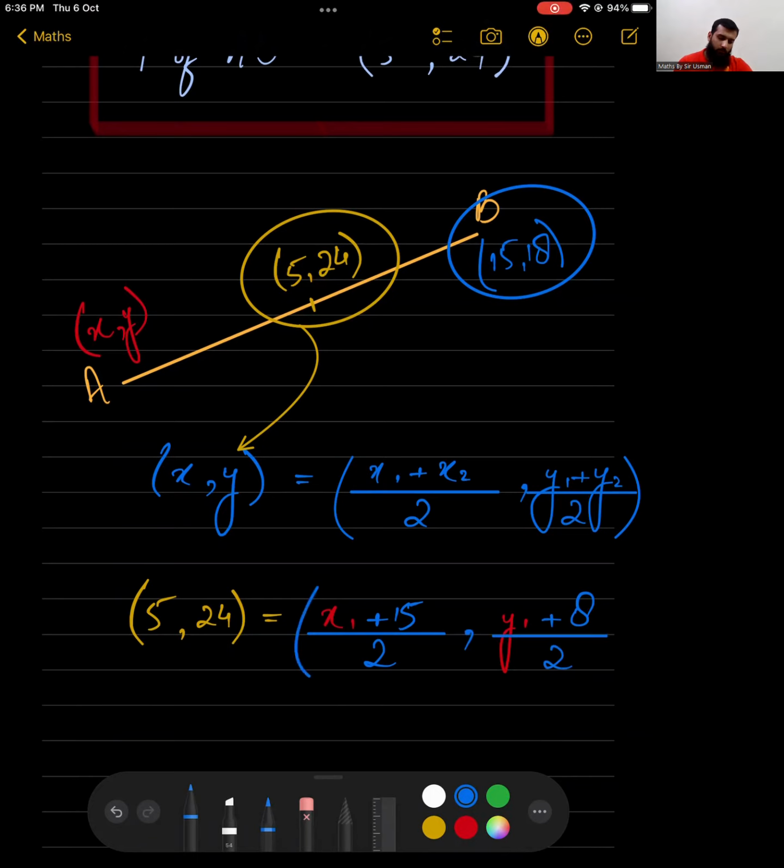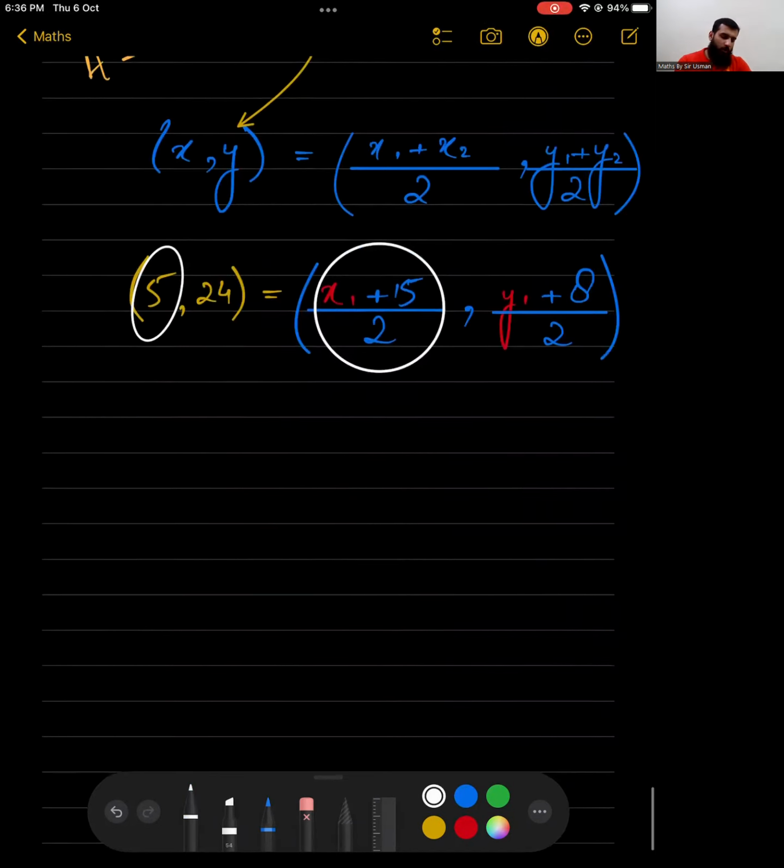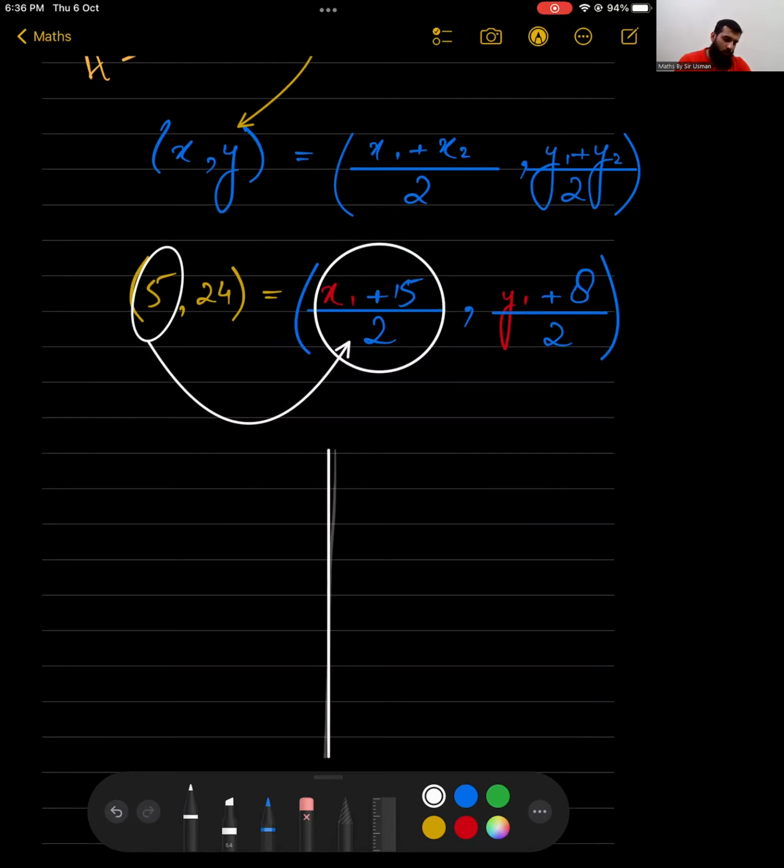Now what you need to do here is you need to compare the values. अब आप क्या करोगे, values को compare करोगे. So if you see over here, the x coordinate is 5 and over here it's x1 plus 15 divided by 2. तो आप क्या करोगे, आप इन्हें compare कर लो. So you will make it like 5 is equal to x1 plus 15 divided by 2.